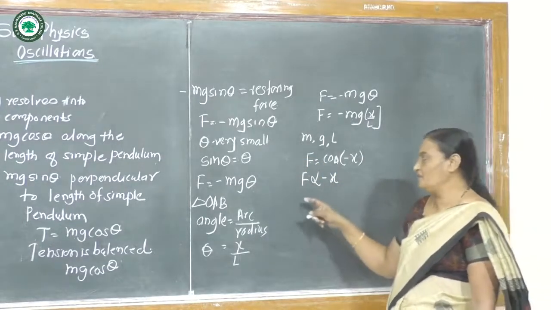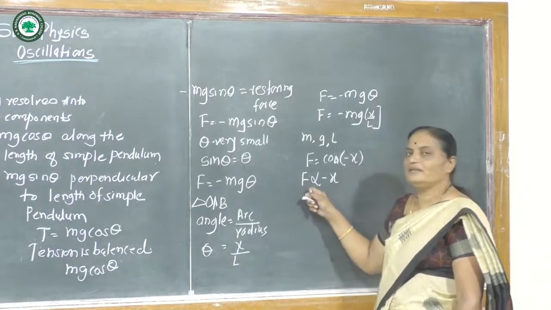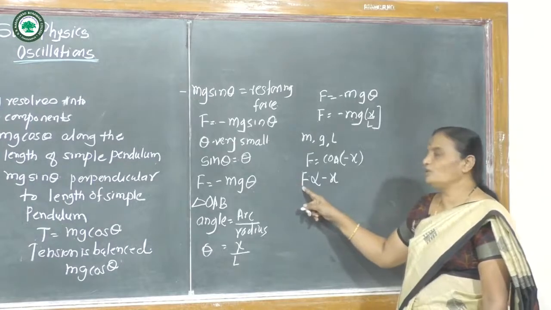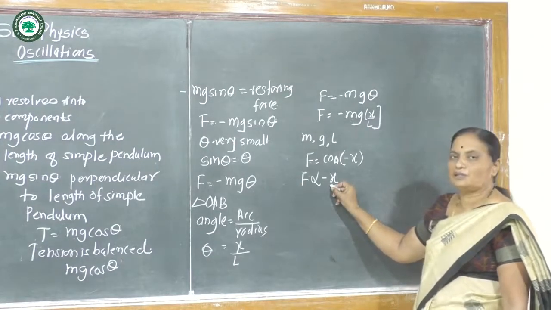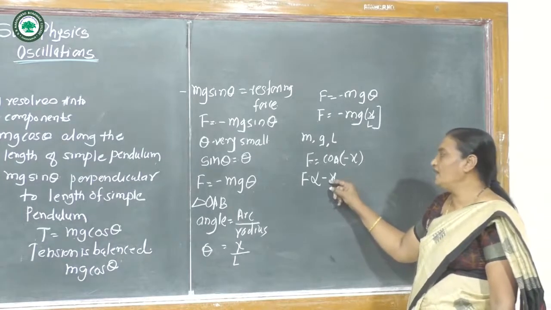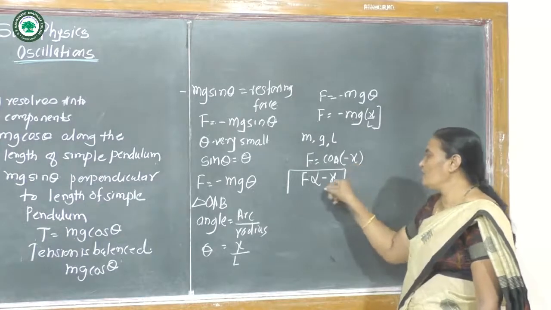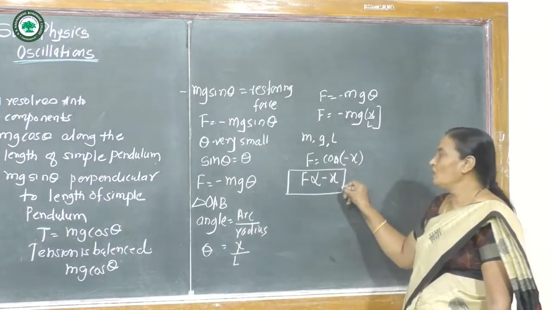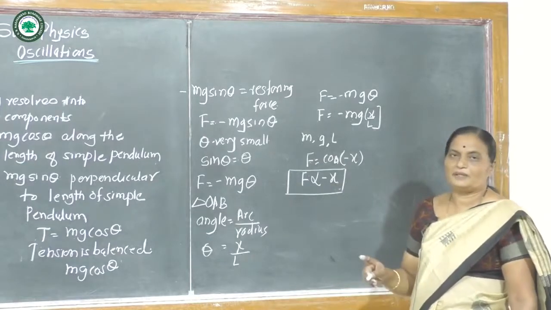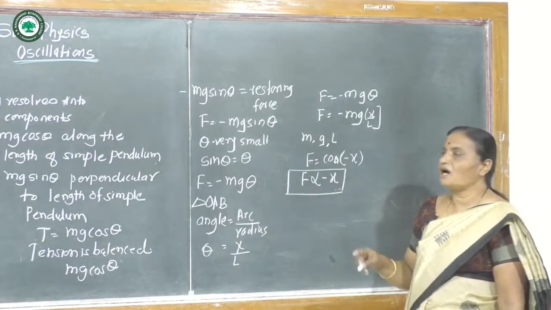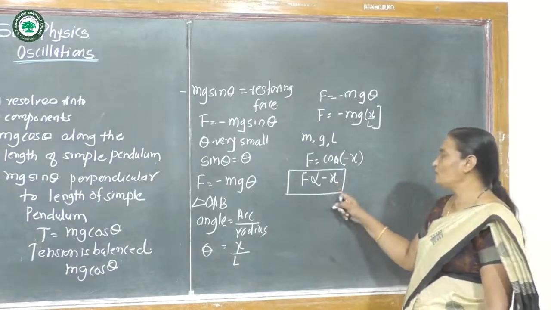By definition, in linear simple harmonic motion, the magnitude of the restoring force is directly proportional to displacement and it is towards the mean position. This condition is verified, and from this we can say that the motion of a simple pendulum is simple harmonic motion.